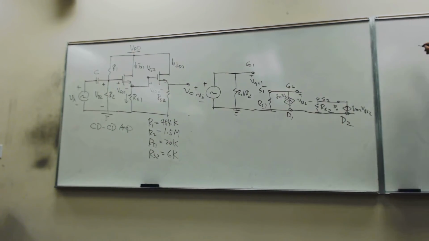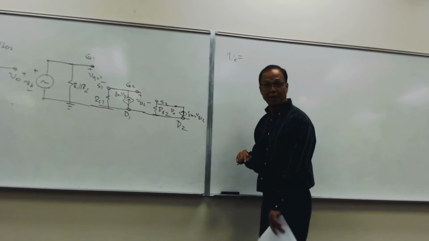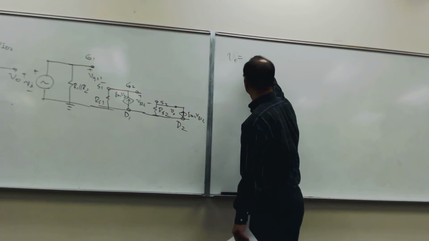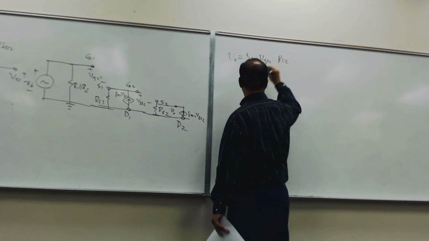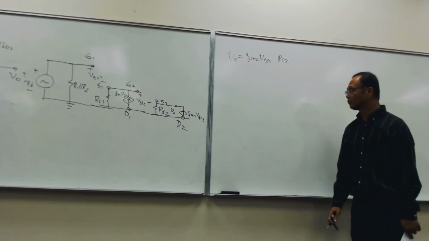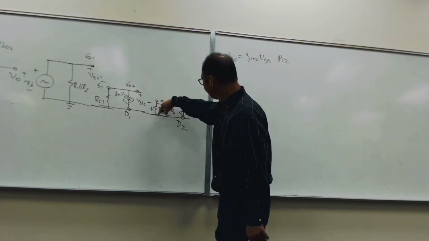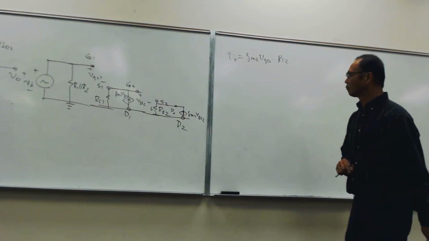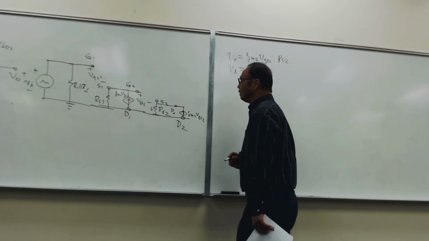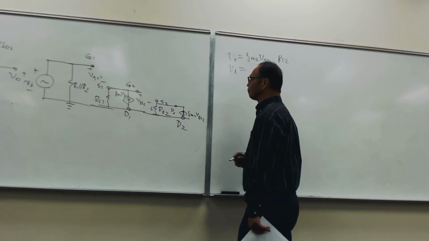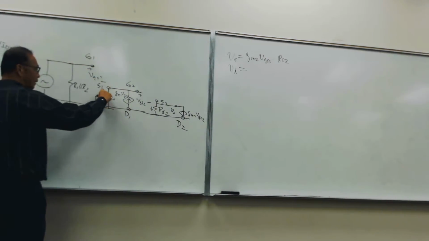Okay, so Vo is equal to the current. This is only a single loop, so the voltage must be what? gm2 VGS2 times RS2, because this current is the same as that current. Then we go to Vi. Vi is this plus that.